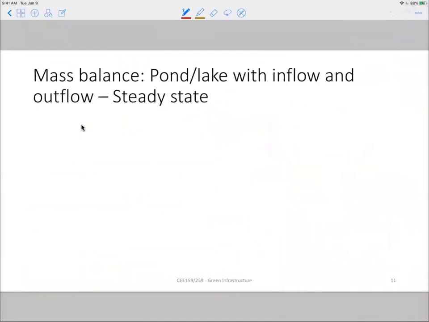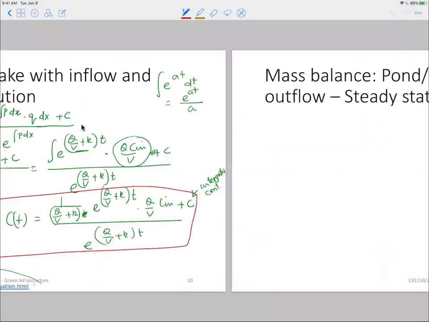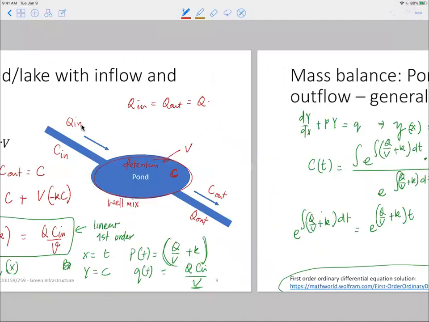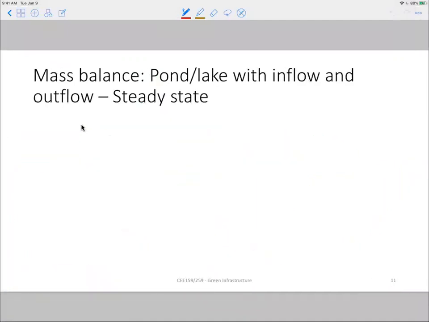All right, so let's see, steady state. For steady state, from this equation over here, the very first term is 0: Q in C in minus Q out C out.